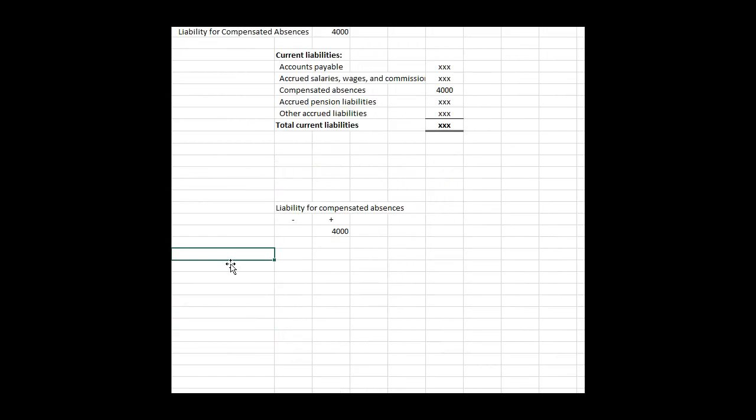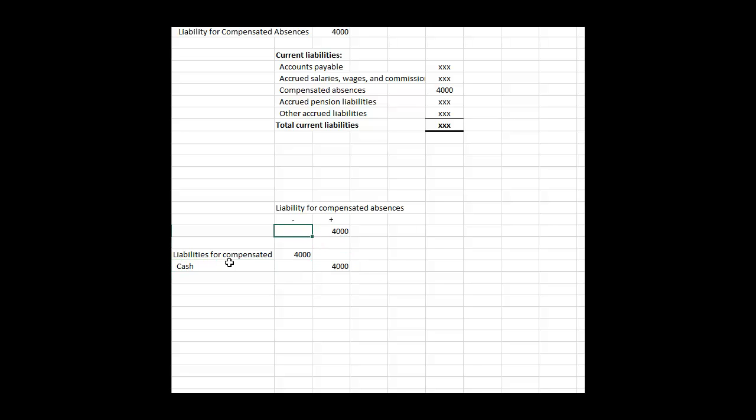It won't happen again. If let's say that the employees took all of those paid days off in the next quarter, we would simply debit liabilities for compensated absences in the amount of 4,000, and we would credit cash for 4,000.